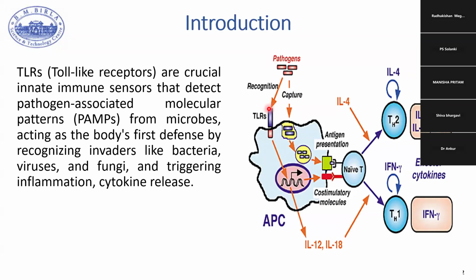The part on the surface of pathogens that interacts with the toll-like receptor is known as pathogen-associated molecular patterns, abbreviated as PAMPs. These PAMPs interact with the toll-like receptor, which helps to increase the T cell immune response, and also induces some interleukins and interferons that help to reduce the parasite or pathogenic load.